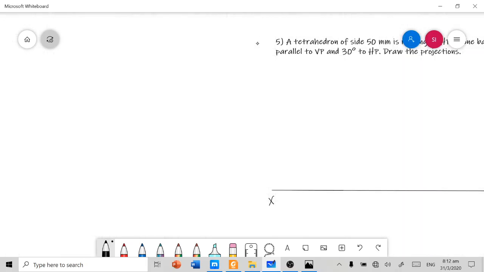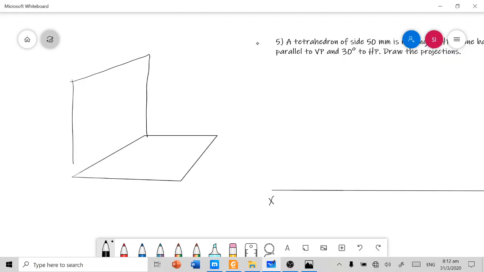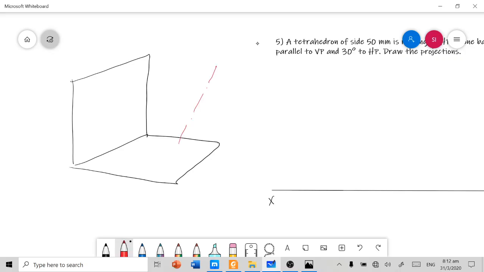here as usual we have to decide where to start the answer, from the top view or from the front view. Like the previous problems, this problem also comes under the category of solid with axis parallel to VP and inclined to HP.